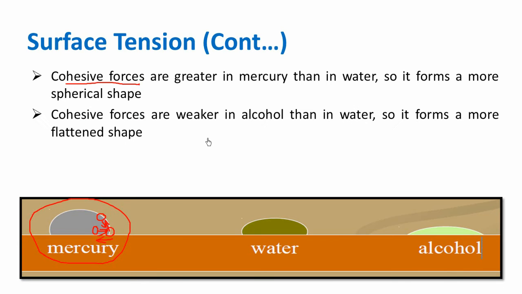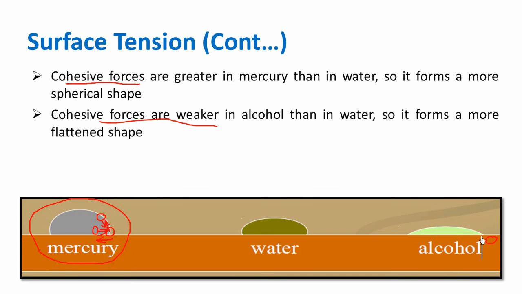Then coming to alcohol, the cohesive forces are weaker. We can see this is the alcohol liquid drop and this is a mercury liquid drop. In alcohol the cohesive forces are weaker, so because of that the adhesive forces are more. Here this is a flat surface and this is the liquid droplet. The attraction between the surface and the molecule is more, so the adhesive forces are more.